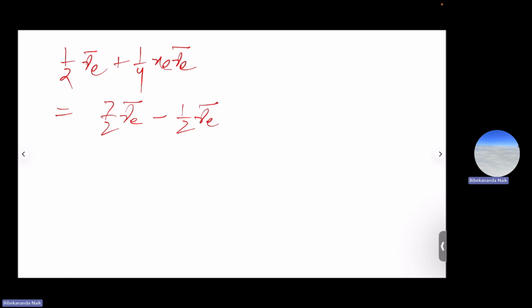minus half nu e bar plus 1 by 4 xe nu e bar. So it will be 7 by 2 nu e minus 1 by 2 nu e plus 1 by 4 xe nu e minus 49 by 4 xe nu e bar.